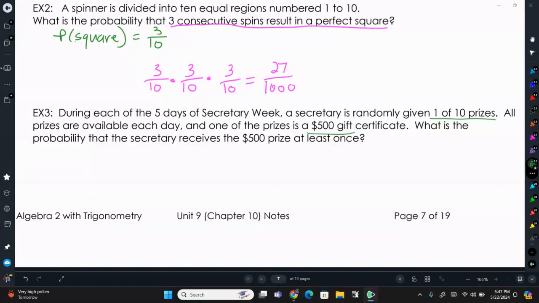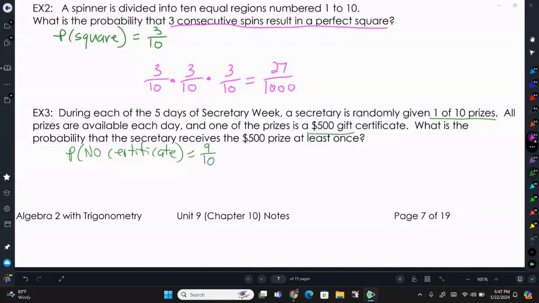So the probability that she doesn't get a $500 gift certificate on a specific day is 9 out of 10. There are 10 prizes total. 9 of them are not the gift certificate. So the probability of no certificate is equal to 9 out of 10.